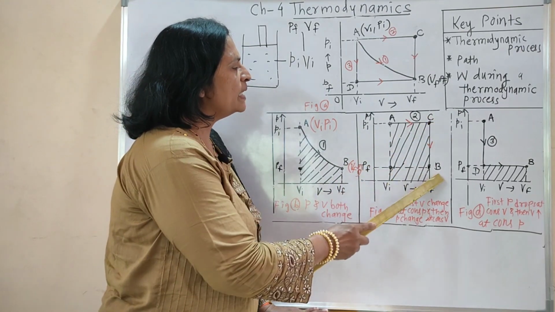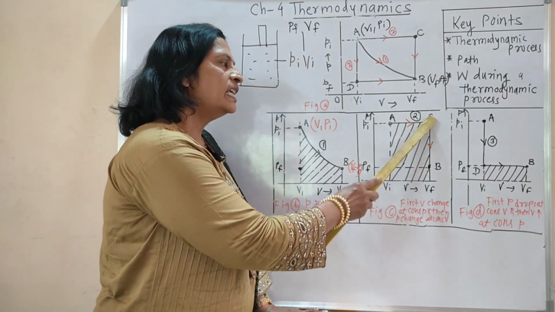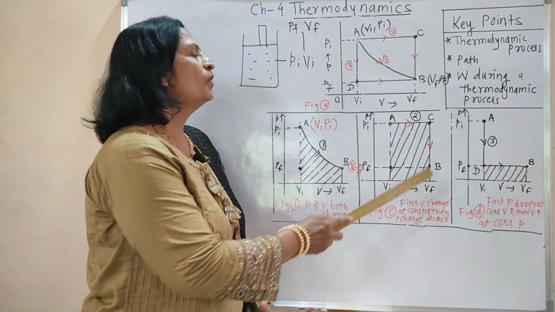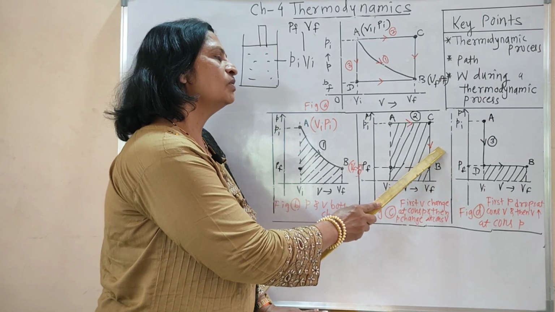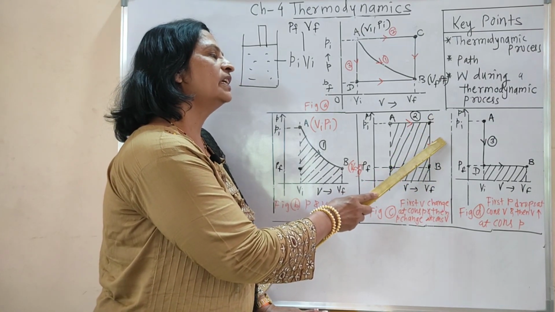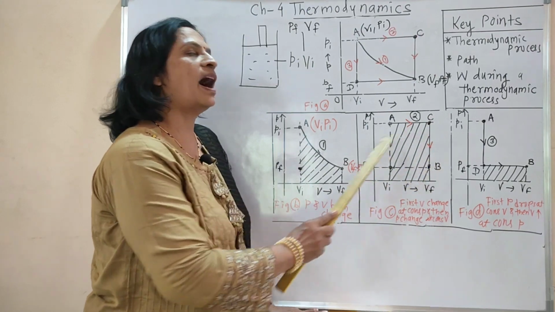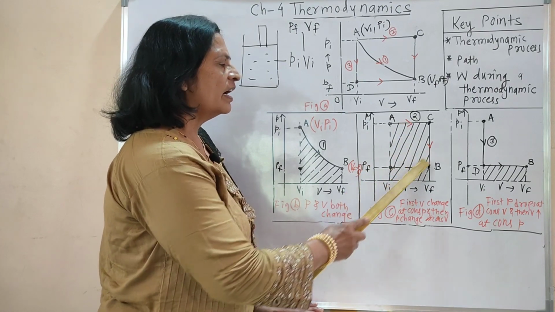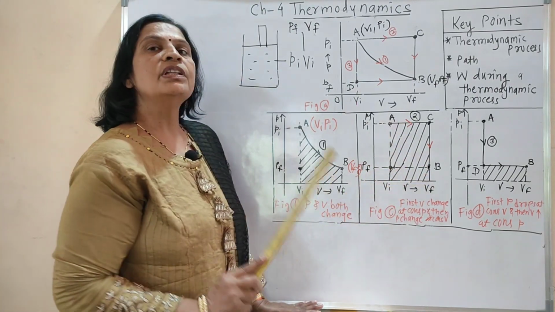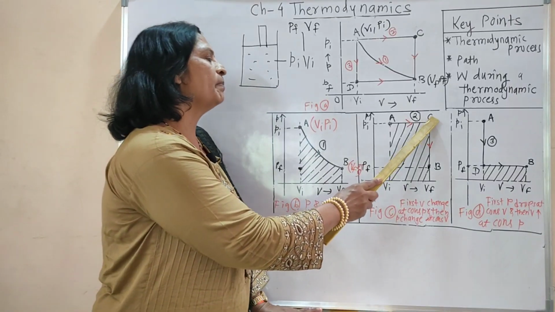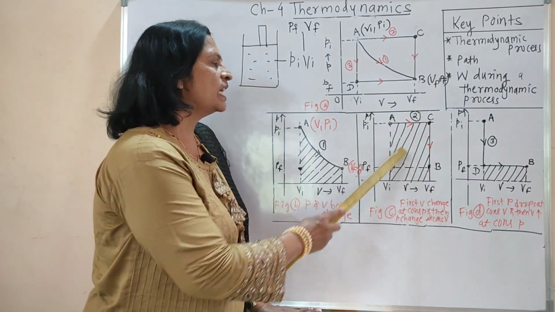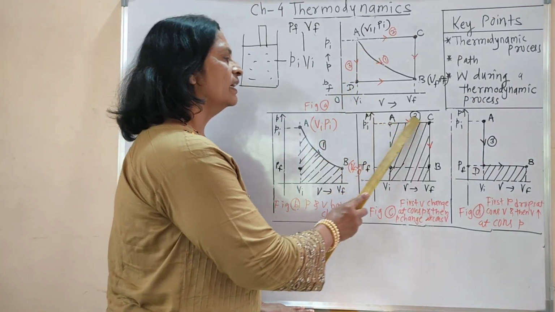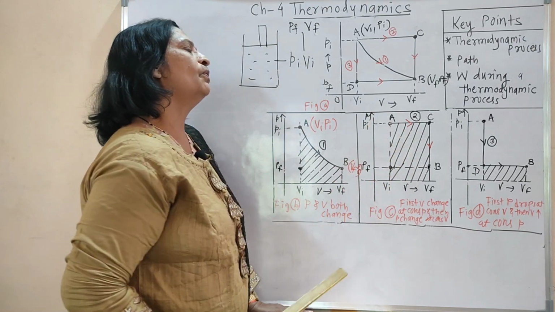Then during path CB, the line is parallel to the y-axis, and therefore volume remains constant. Change in volume is equal to 0, work done is 0. Though during path CB no work is done, the shaded area gives you the positive work done. Means during path second, this is the amount of positive work done.